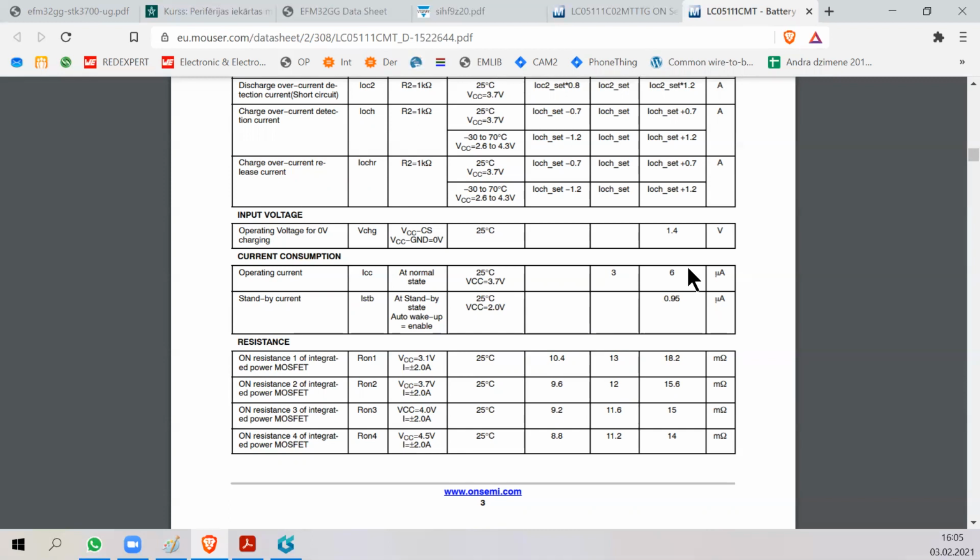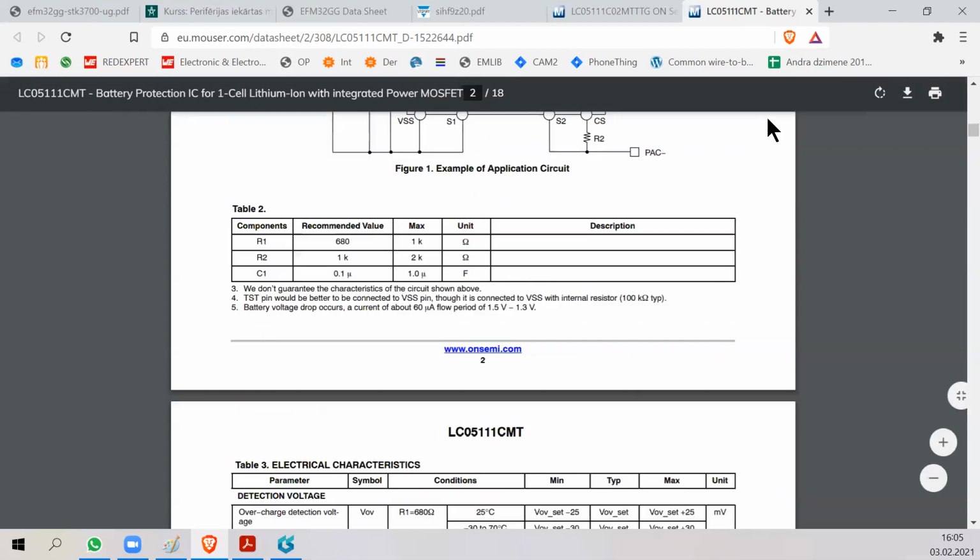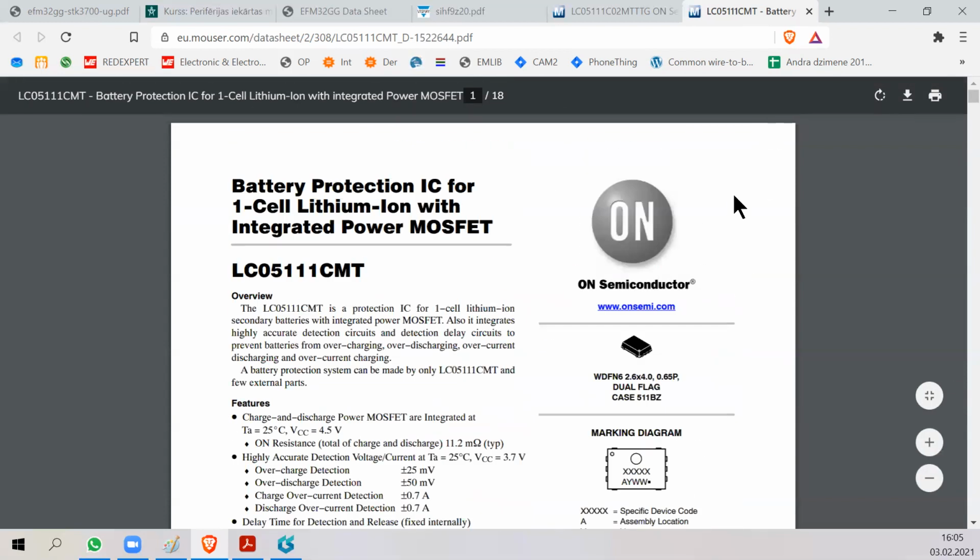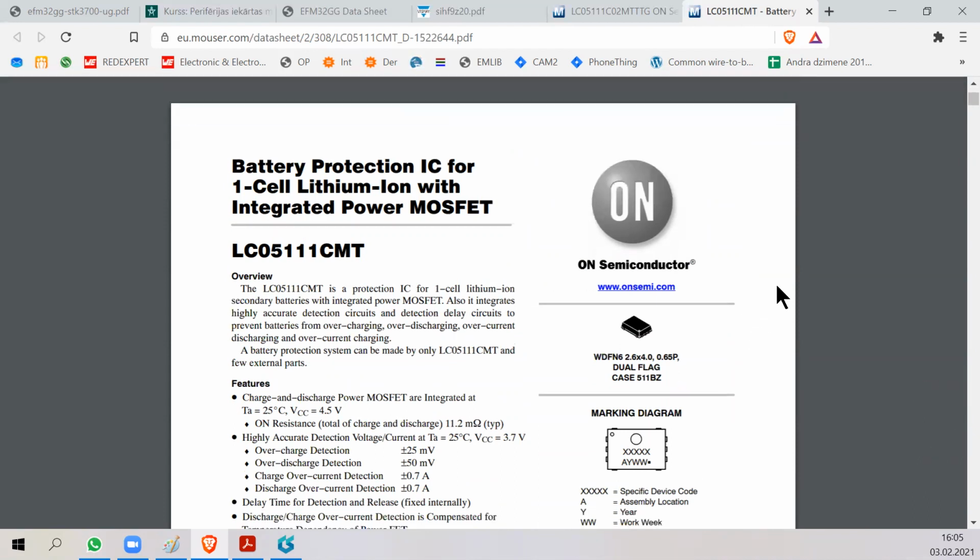If it's over 10 microamps, we would not call it a low energy application anymore, because the current is too big and the battery life will never reach several years. So yes, you can use such a chip for protection.